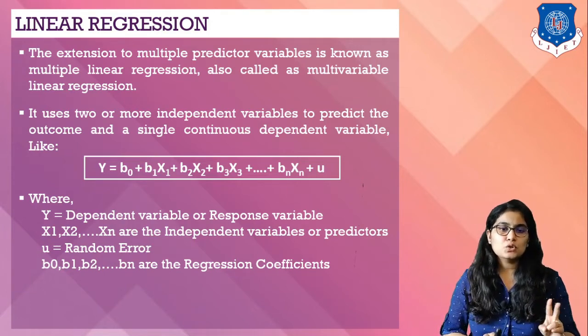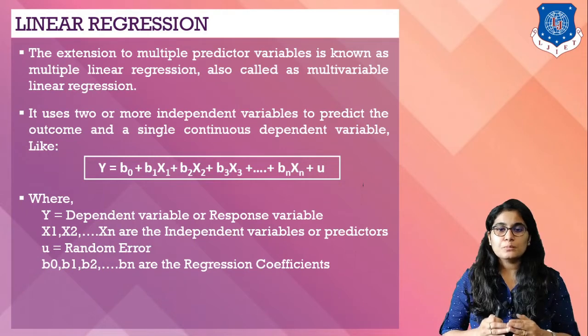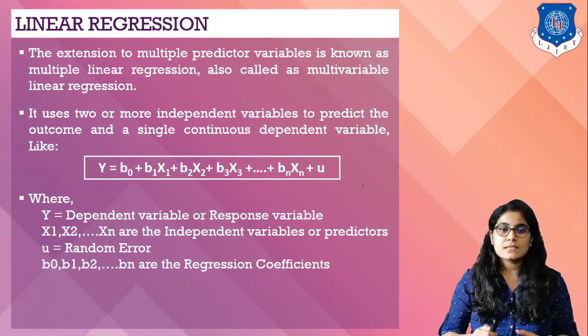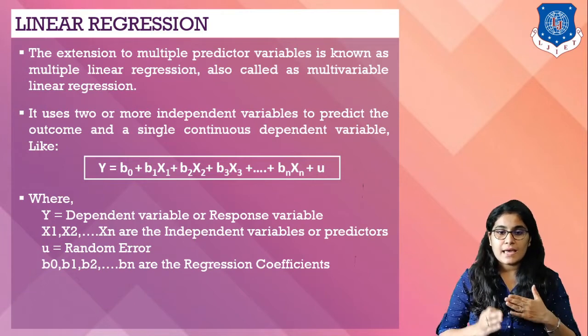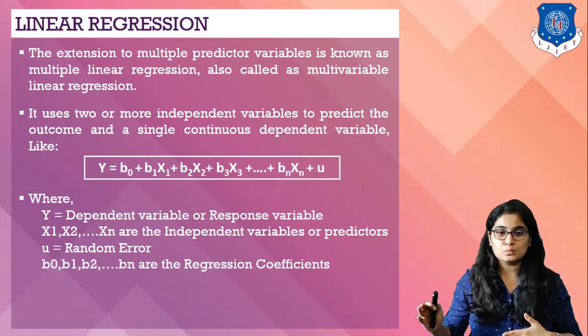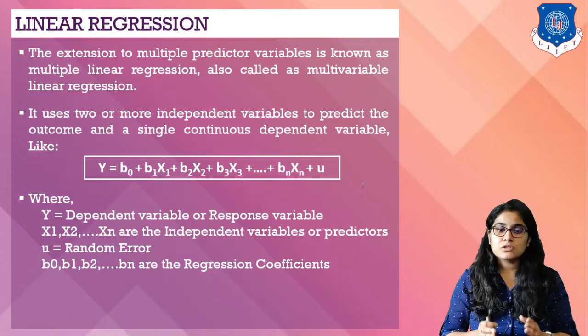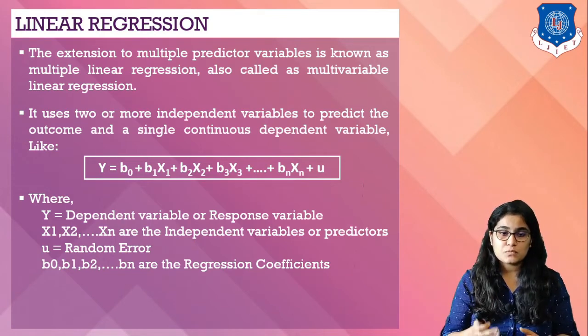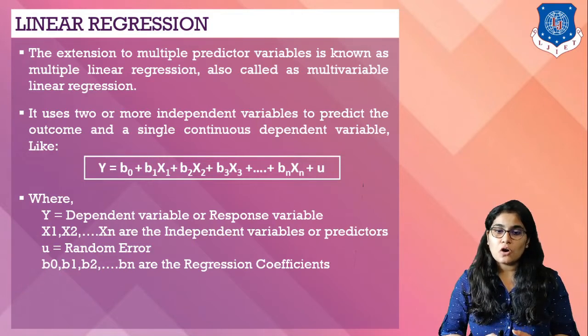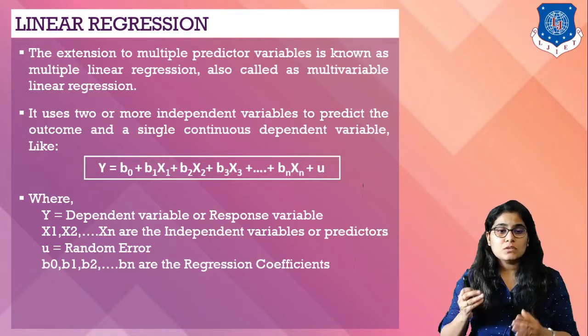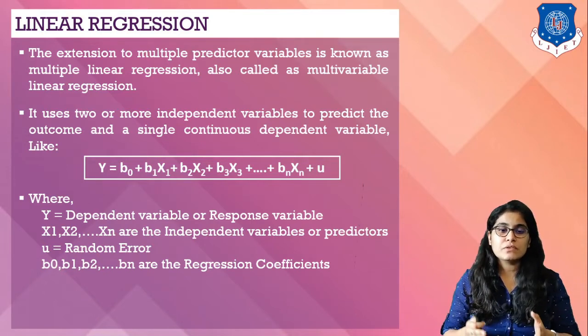It uses two or more independent variables to predict the outcome and a single continuous dependent variable, like y = b0 + b1x1 + b2x2 + b3x3 + ... + bnxn + u, where y is the dependent variable, or we can say response variable, x1, x2 up to xn are the independent variables or the predictors, u is the random error, and b0, b1, b2 up to bn are the regression coefficients.